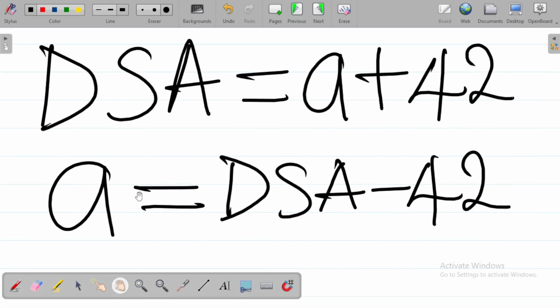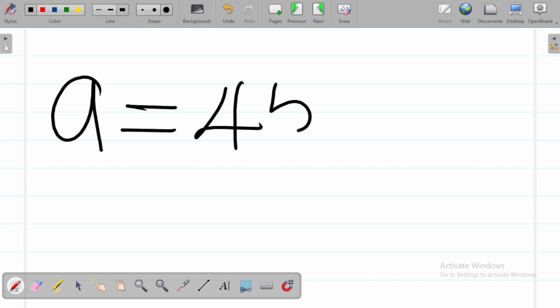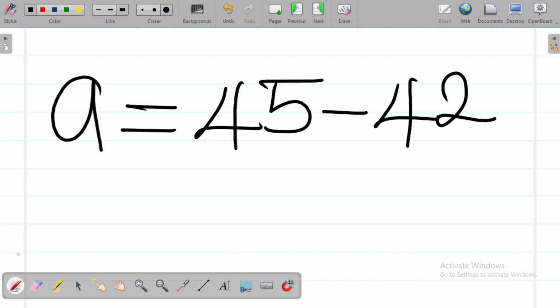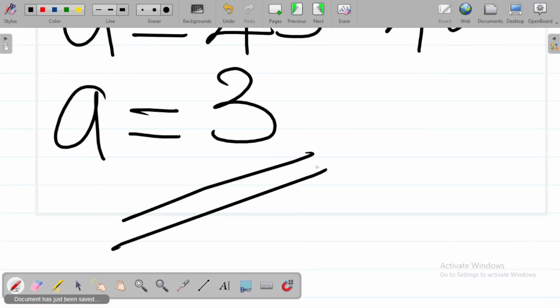And the value of DSA is 45. So therefore, A is equal to 45 minus 42. So the value of A is 3. So this is the value of A.